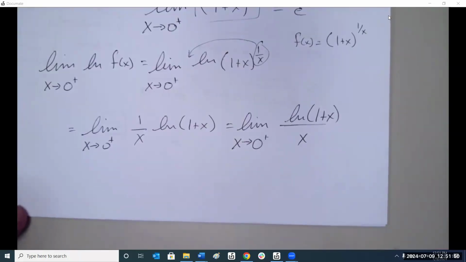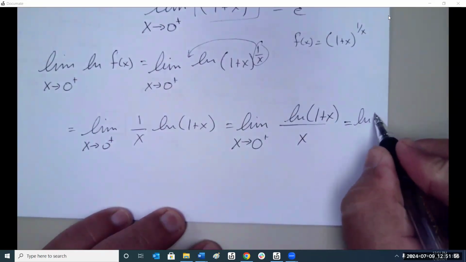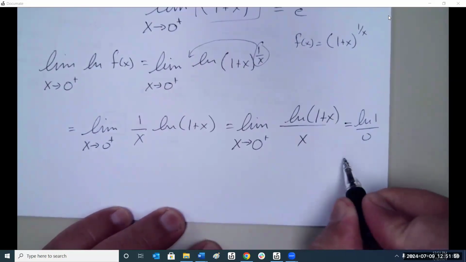If we plug in 0, what do we get? We get ln of 1 over 0. What is the ln of 1?